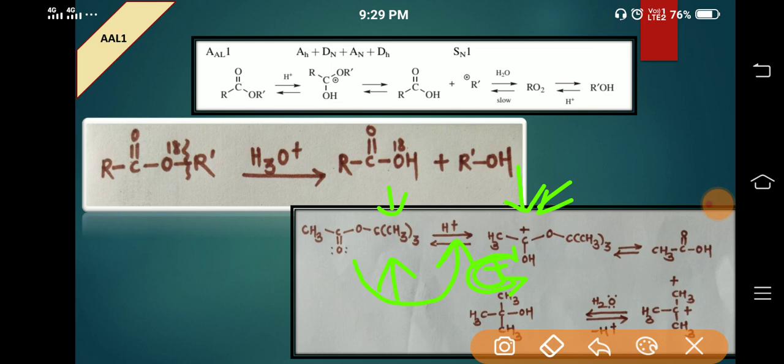Now, here the oxygen-carbon bond fission will take place to generate acetic acid as a product, and then the carbocation generated undergoes nucleophilic attack by a water molecule to generate tertiary butanol as a product.